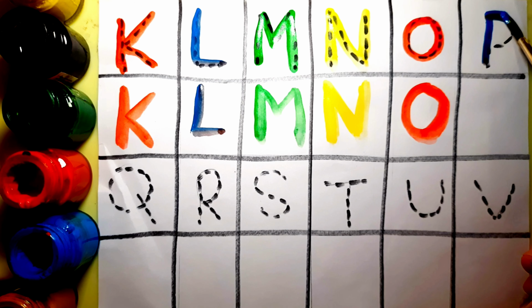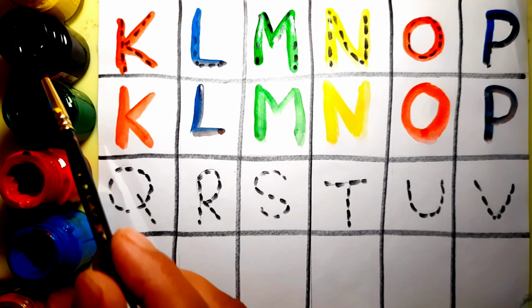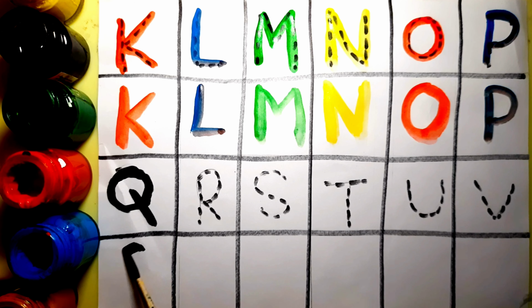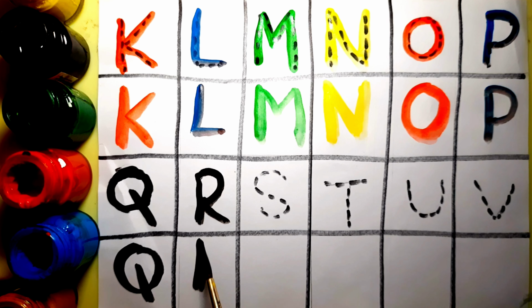P for pencil. Q for queen. R for rabbit.